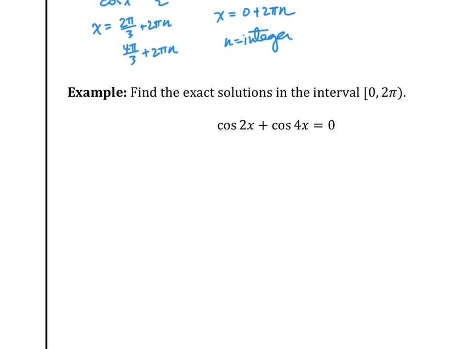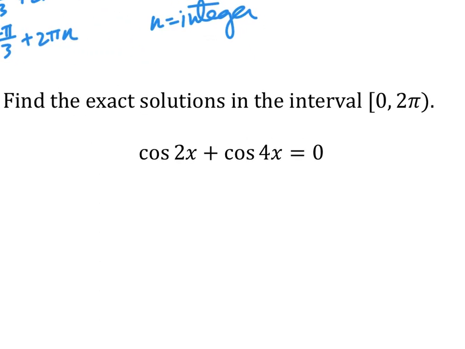All right, let's try this one. This one, you have a double angle here, and then you have 4 times the angle. So what should you do when you have 4 times the angle? Well, there are a few things you can do. For example, you can think of cosine 4x as 2 times 2x, right?